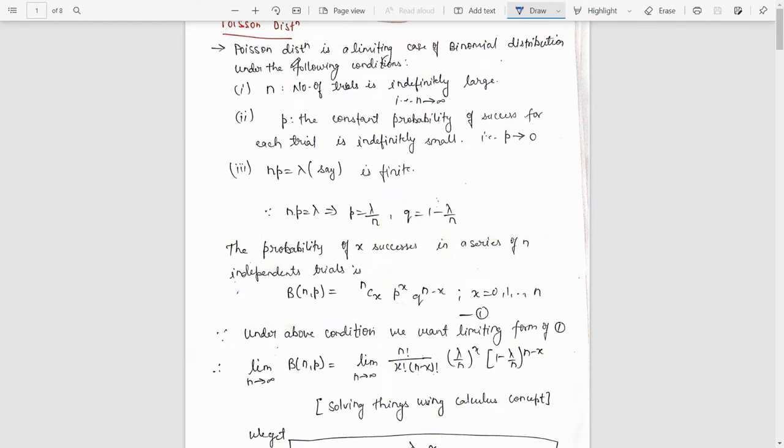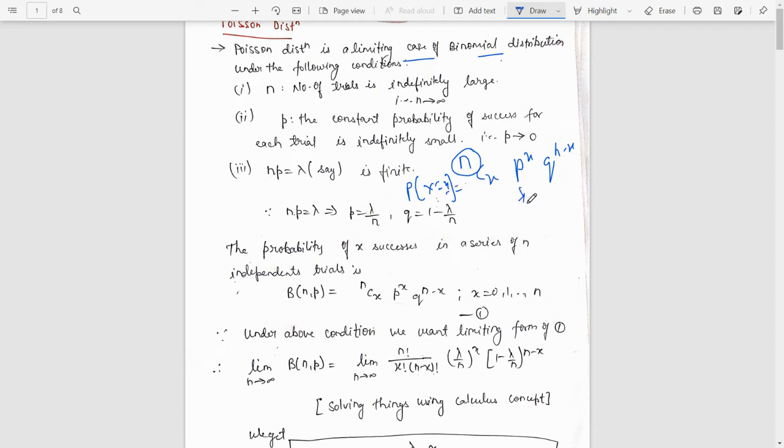So the Poisson distribution is a limiting case of the binomial distribution. In a binomial distribution, we had the probability that X is equal to x, which was n choose x, p to the power x, and q to the power n minus x. The basic definition of the binomial distribution was that there will be some n number of repetitions. You repeat your experiment n number of times, and you are trying to find the probability of x number of successes.